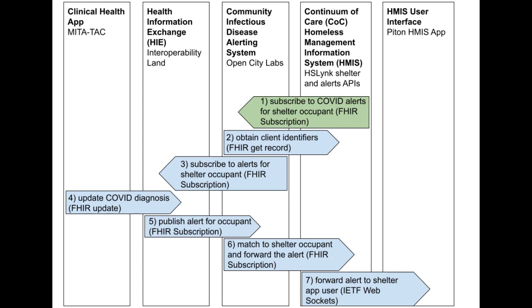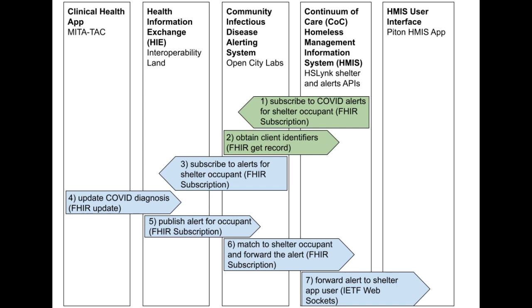1. A Homeless Management Information System, or HMIS, uses a FHIR subscription-based API supported by CDIS to subscribe to a specific condition of concern, such as COVID, with appropriate consent for a particular client ID. 2.